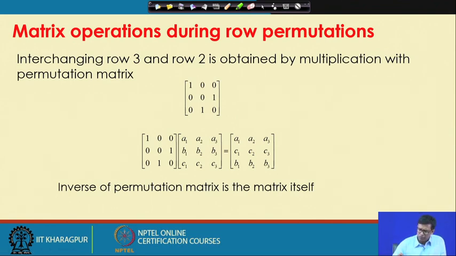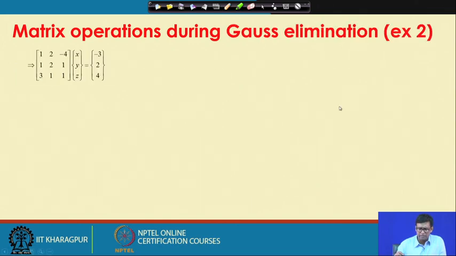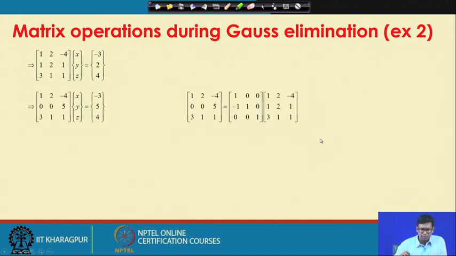Now, we will look into the row operations that we performed in the last class and what the equivalent matrix multipliers are there. So, this is the matrix operation we did in example 2, and we are subtracting the first row from the second row, which is multiplying the original matrix by a row subtraction matrix, where -1 is in the position of the first column in the second row.